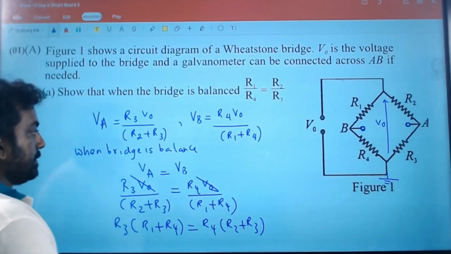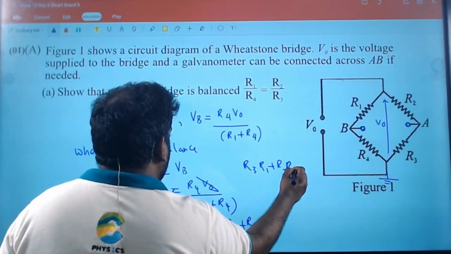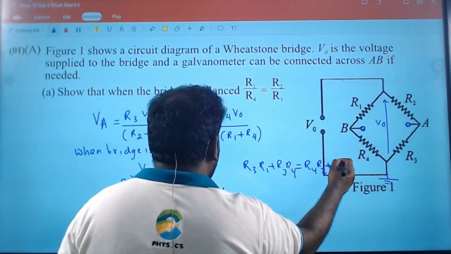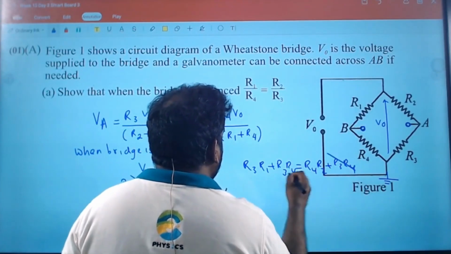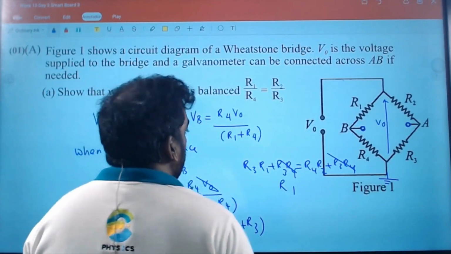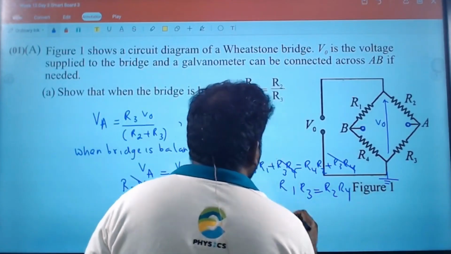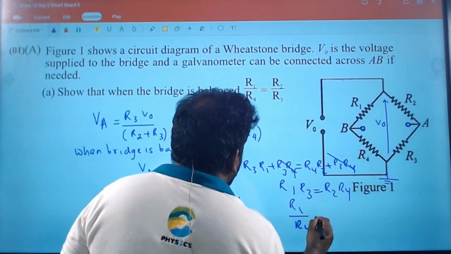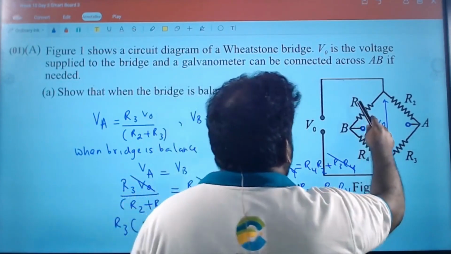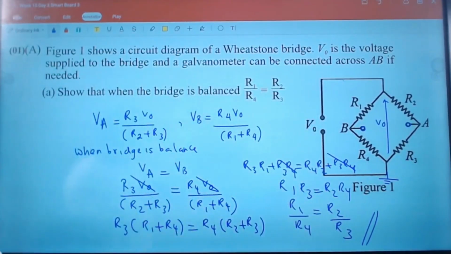Carefully open brackets. R3 R1 plus R3 R4 equals R4 R2 plus R3 R4. These two cancel out. So you can say R1 R3 equals R2 R4. So R1 over R4 equals R2 over R3. Now, done.